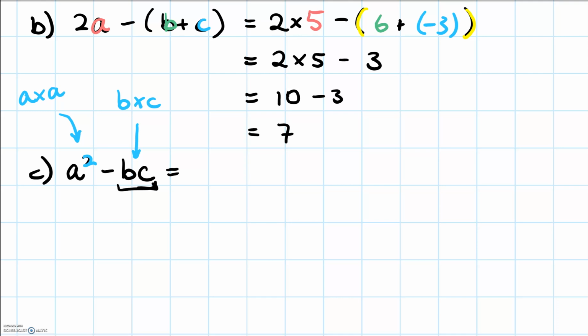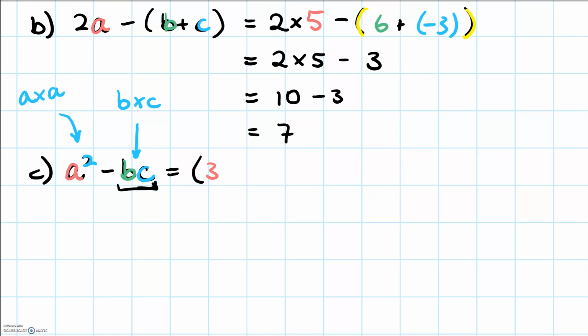So what am I going to do here? I'm going to substitute my values in. I'm going to substitute a, which was 5, b, which was 6, and c, which was negative 3. So let's do that. The value of a is just 3, so I'm going to square my 3.